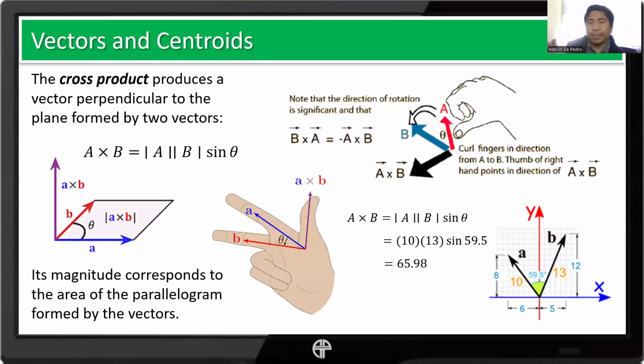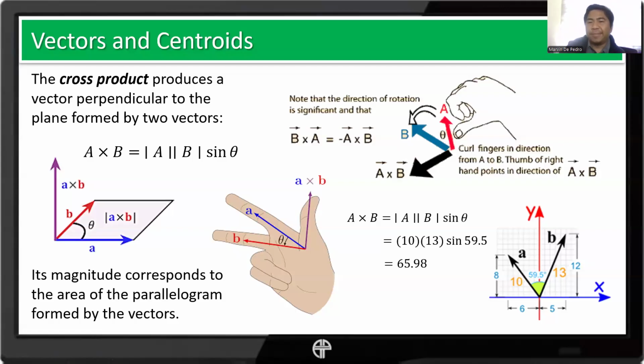Therefore, the cross product of two vectors is equal to the negative of the cross product of their reverse direction. If counterclockwise is B times A, that is equal to the negative of the clockwise direction.